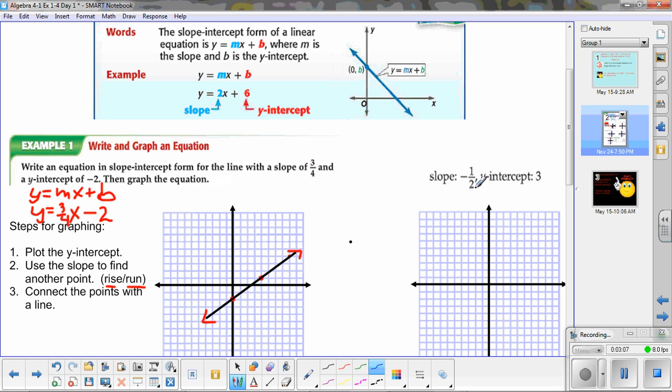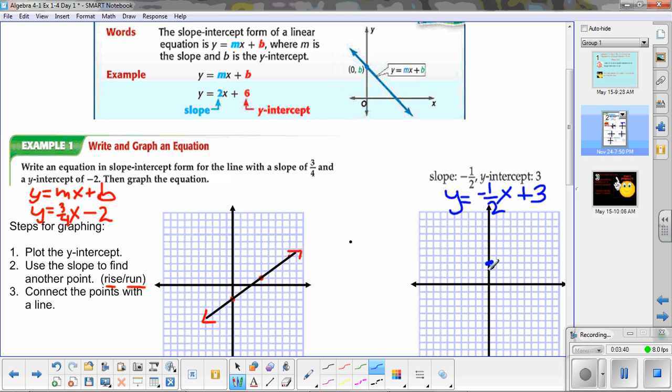If I want to write this equation in slope-intercept form, it's going to be y equals m, which is the slope, x plus b. In this case, the y-intercept is 3, so plus 3. Now the first step is to plot the y-intercept. Since it's a +3, I'm going to go up from the origin 3 units and put a point. And now since the slope is -1/2, I'm going to fall 1 and run 2.